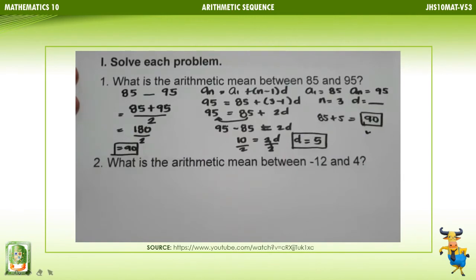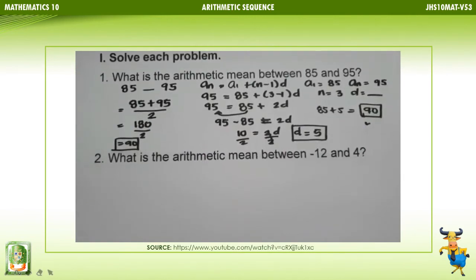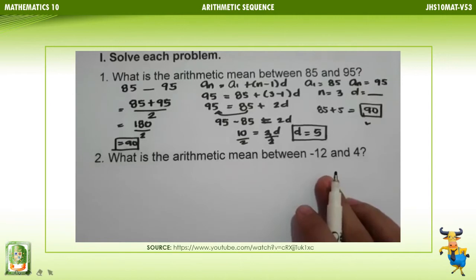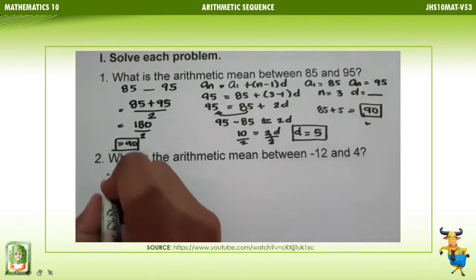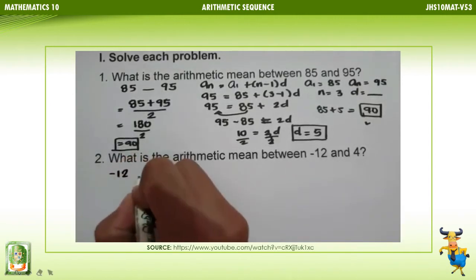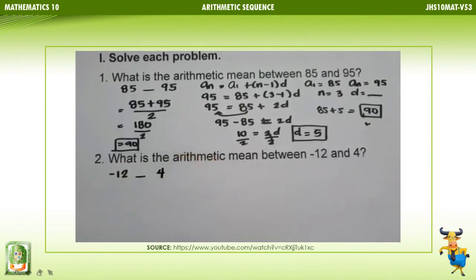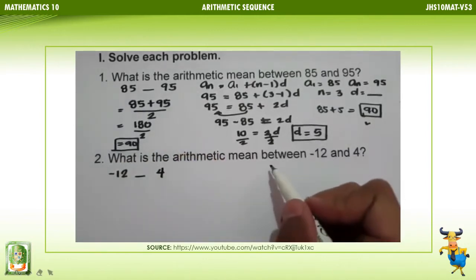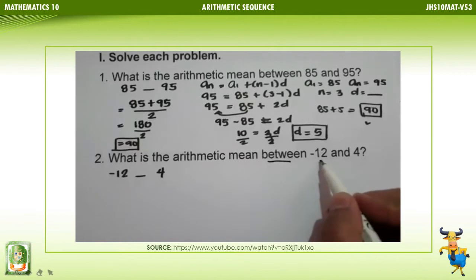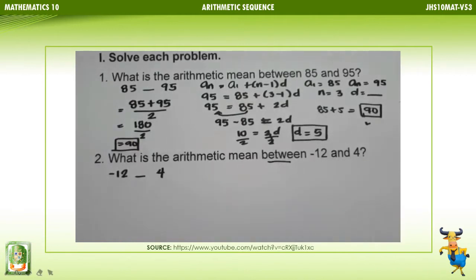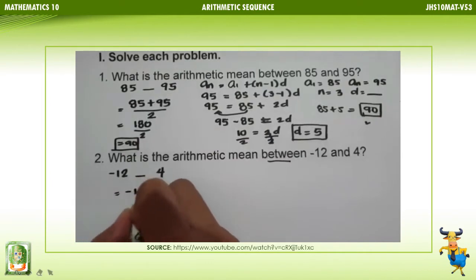What about number 2? What is the arithmetic mean between negative 12 and 4? So we have negative 12, blank, and 4. So we are looking for a number between negative 12 and 4. So again, let's add negative 12 and 4, plus 4 over 2.